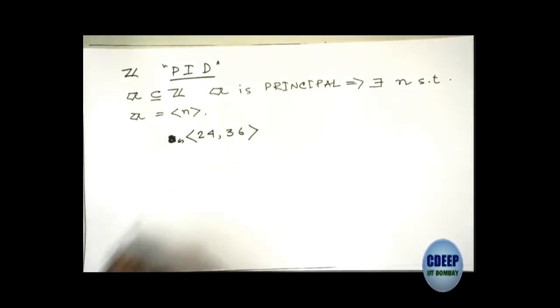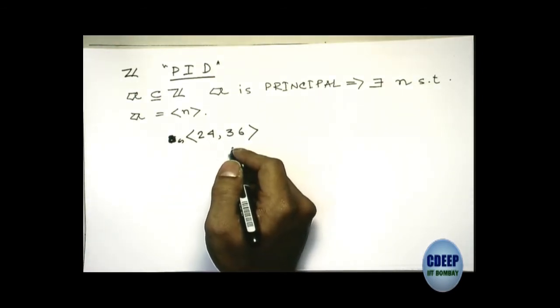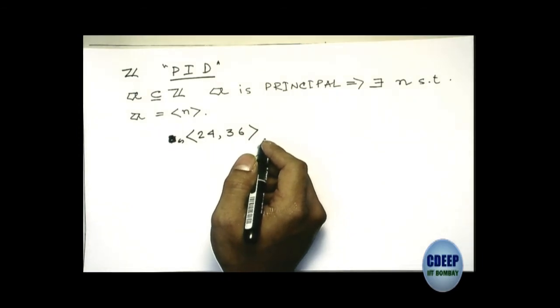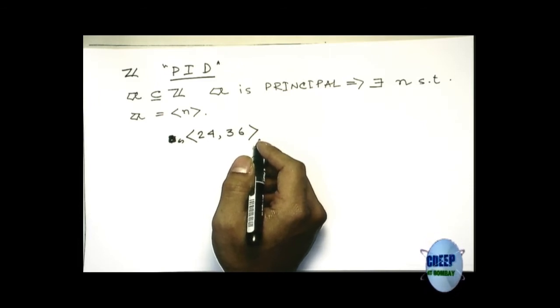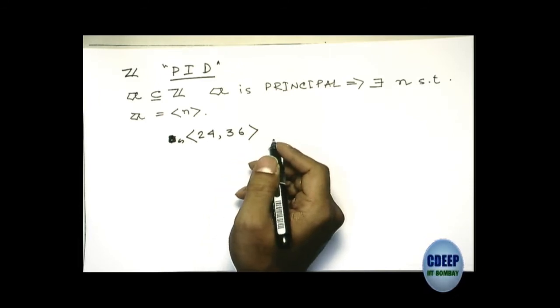We have the ideal generated by 24 and 36. Is this generated by a single element? Yes, it is. How do you know?